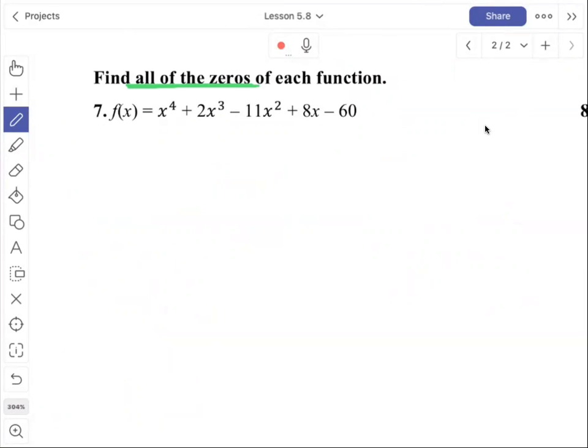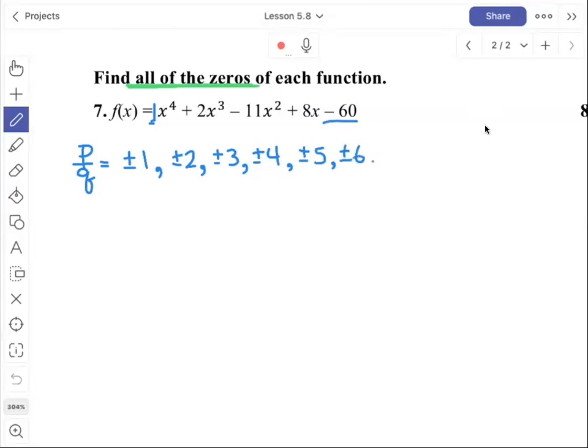Okay, so I have my P. And actually, I can see that Q is already 1. So I'm going to get straight to P over Q because Q is already 1. It's just going to be the factors of the 60, right? So jumping straight to that, I get plus or minus 1, 2, 3, 4, 5, 6.